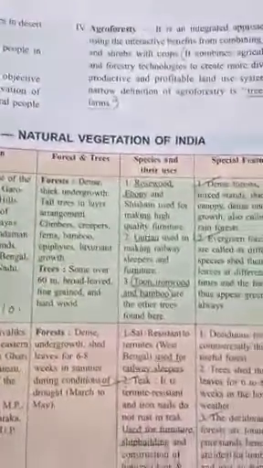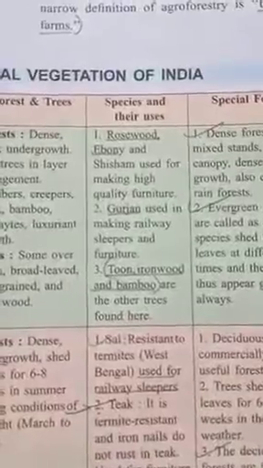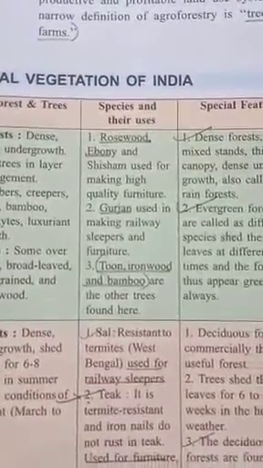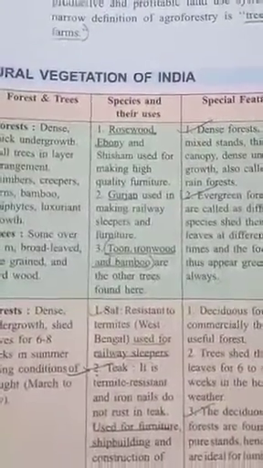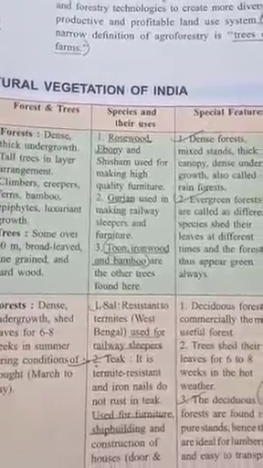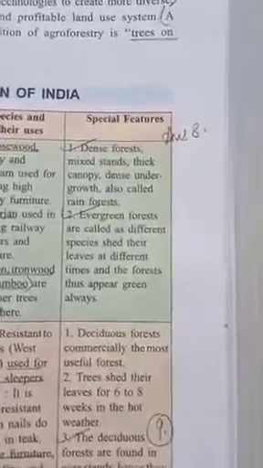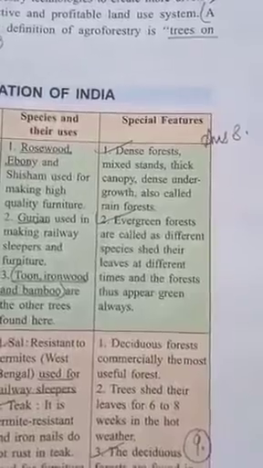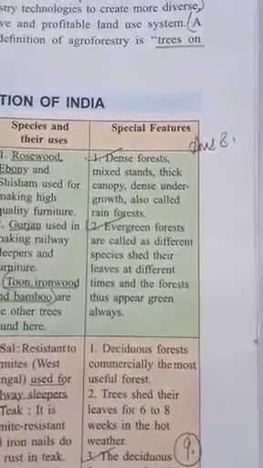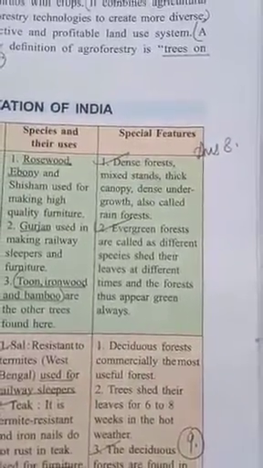So these are the kinds of trees which are found over there. The species found in this type of vegetation are rosewood, ebony, gurjan, toon, ironwood, and bamboos. And see the special features: dense forest mix stand, thick canopy, dense undergrowth, also called rainforest.